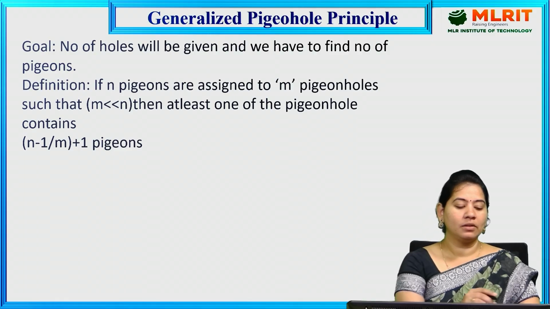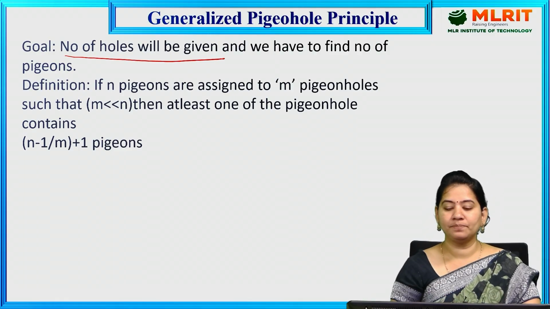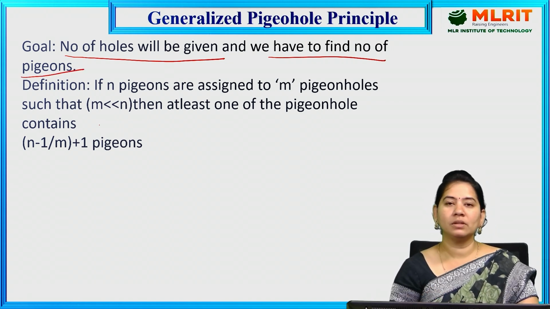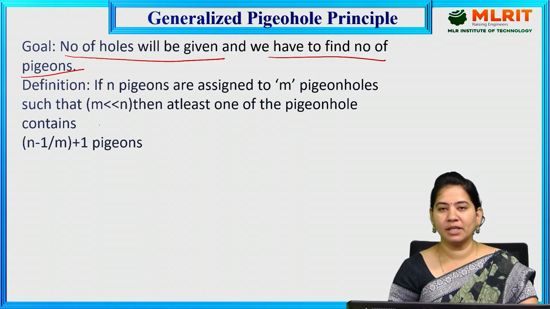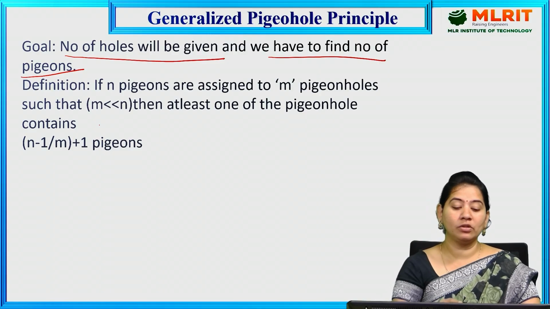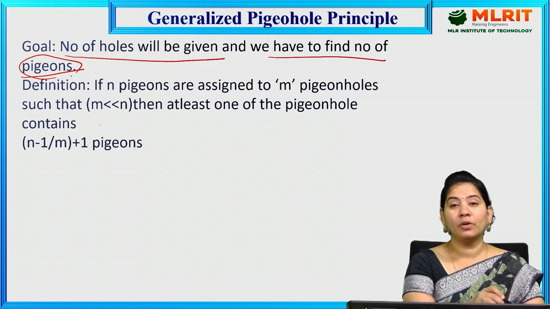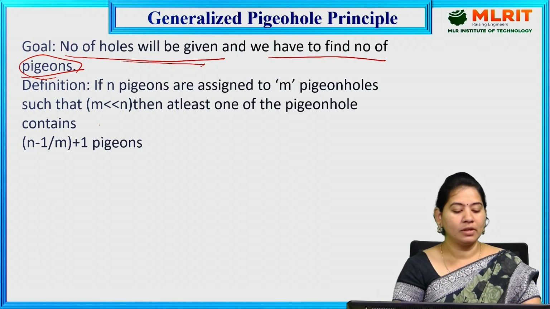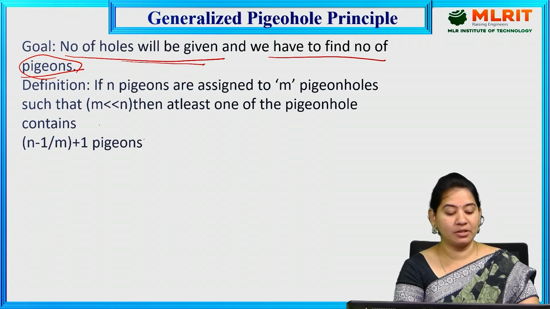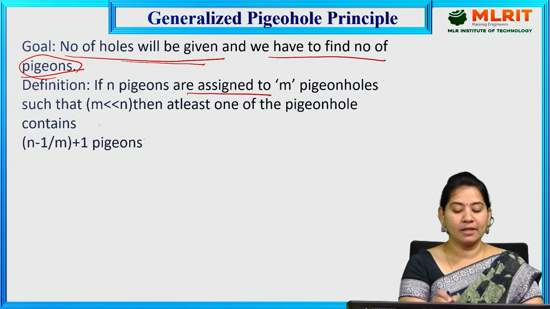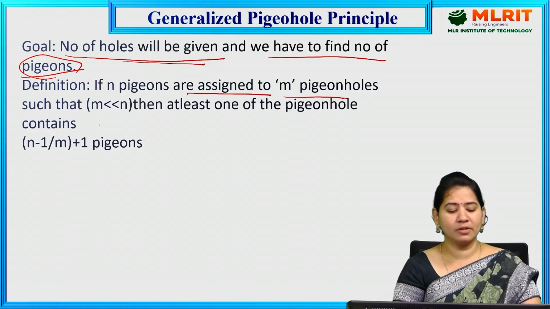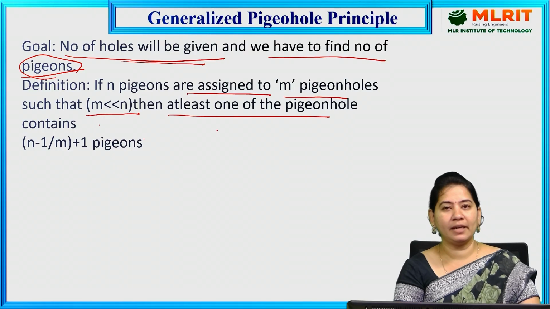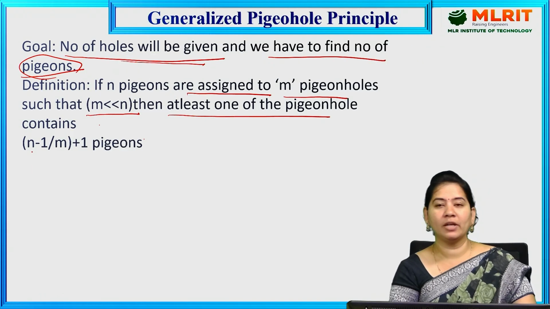Now here, the number of holes will be given and we have to find out the number of pigeons. To solve problems on the generalized pigeonhole principle, the goal is to find the number of pigeons, and in the question the number of holes will be given. The definition: if n pigeons are assigned to m pigeonholes such that m is less than or equal to n, then at least one pigeonhole contains (n minus 1) divided by m, plus 1 pigeons.